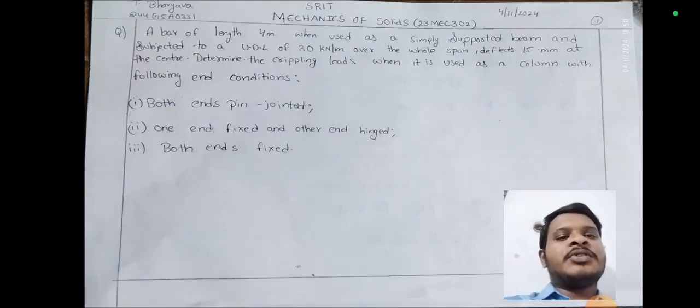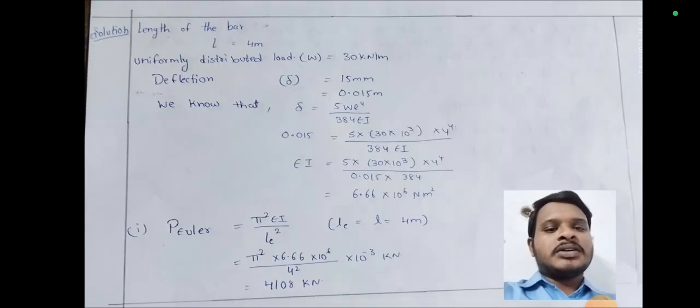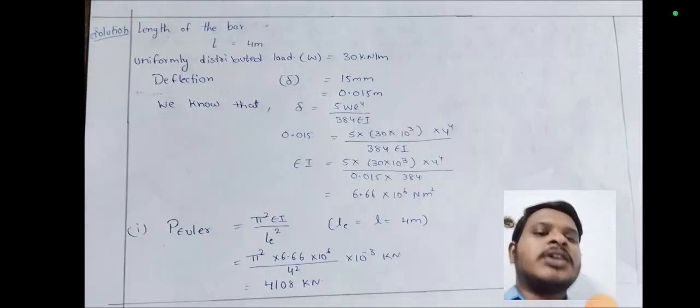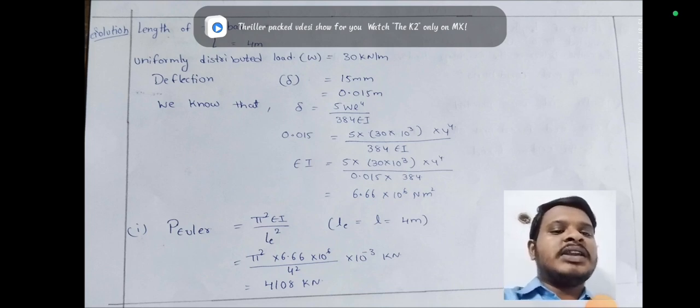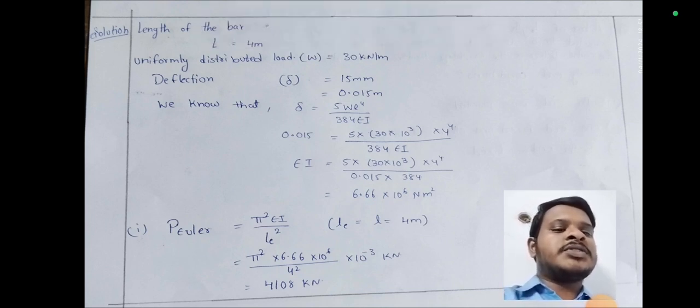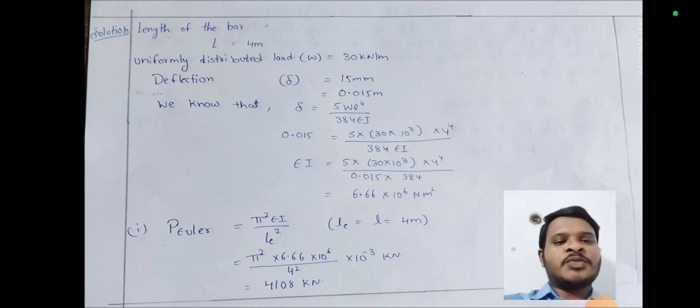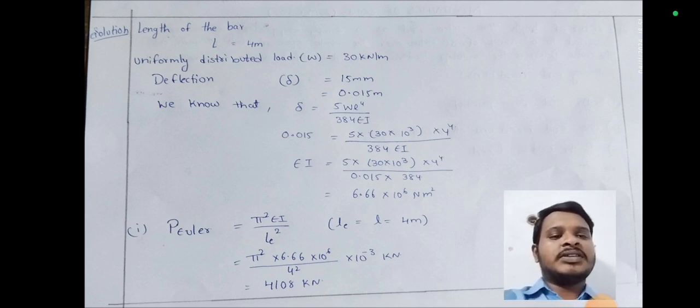We see that both ends are pin jointed. So P Euler is equal to pi square EI by LE square. LE is equal to L, the length, which is 4 meters. So pi square into EI, which we found above as 6.66 into 10 power 6, divided by 4 square, into 10 to the minus 3 kilonewton.